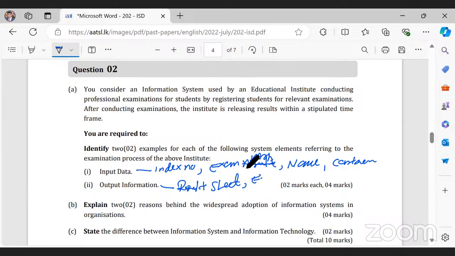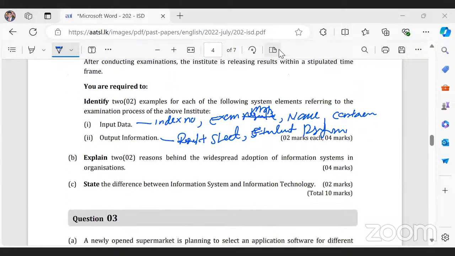Result sheet is the same. And student performance. Yes, registration forms and everything. You have to identify and list those down, then an explanation is not required.